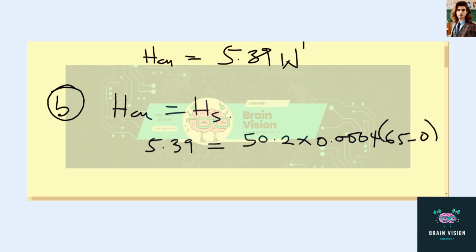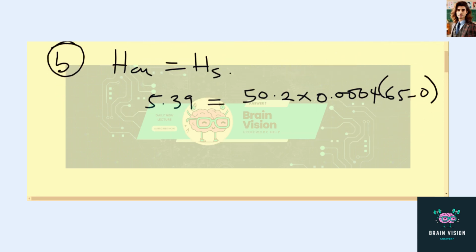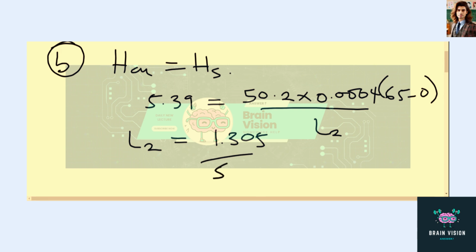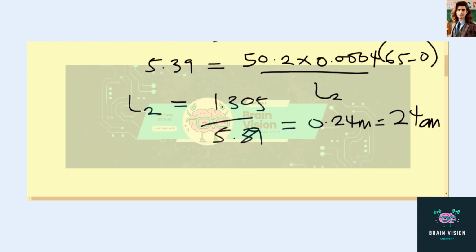Remember, 65 is the steady temperature between the two rods, and 0 is the other end of the steel, which is inside the ice and water mixture. All of this is divided by the length L2. Straight away we can make L2 the subject, and when we compute this, it will give us 1.305 divided by 5.39, which should give us about 0.24 meters, which is equal to 24 centimeters.